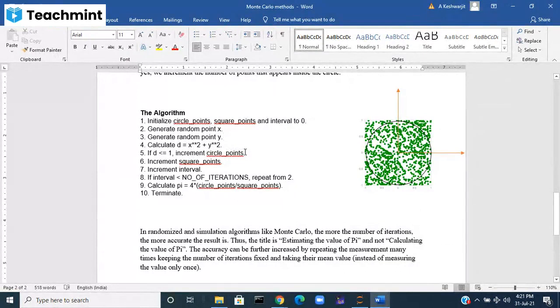If the point lies outside the circle, the circle points are not incremented, but the square points are incremented. For every x, y we take, the square points will always be incremented. Why? Because the random numbers that we generate always lie between 0 and 1.